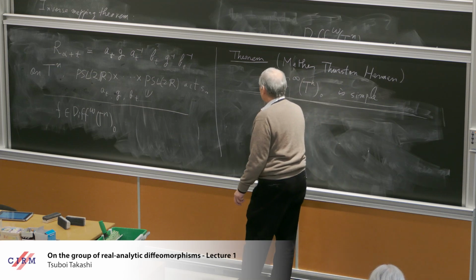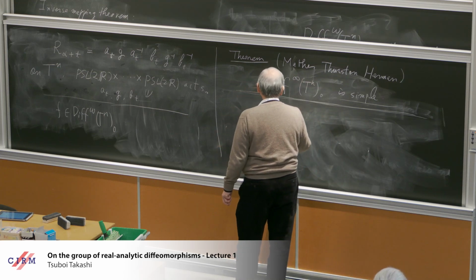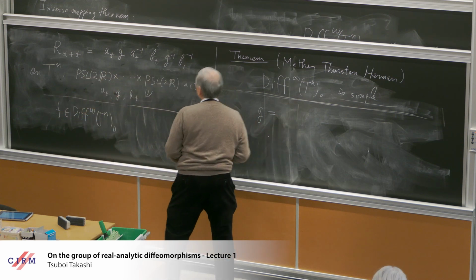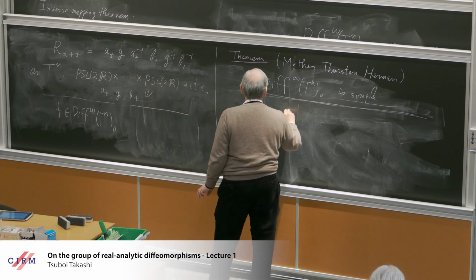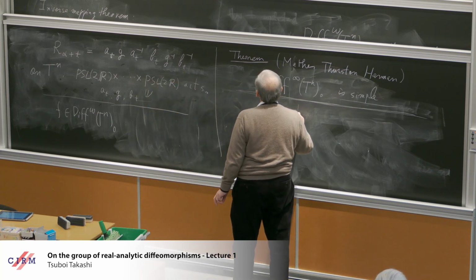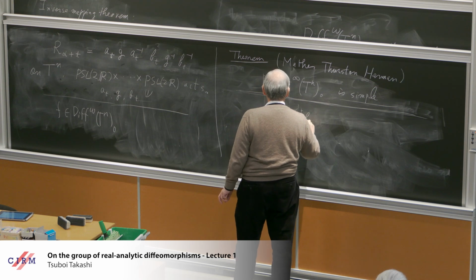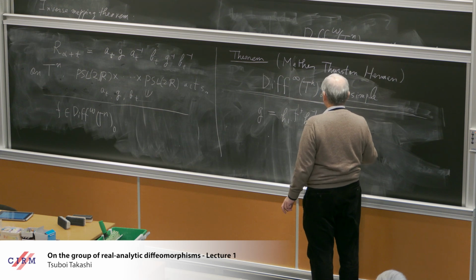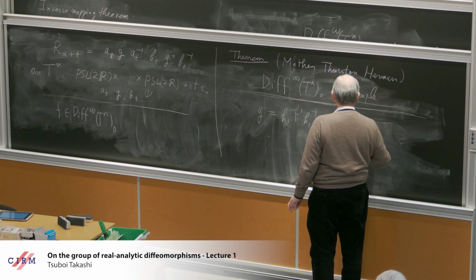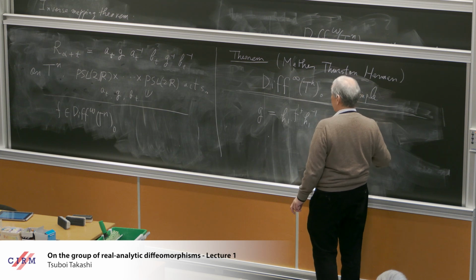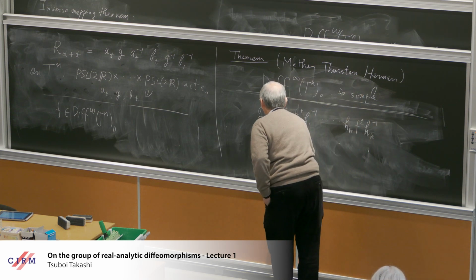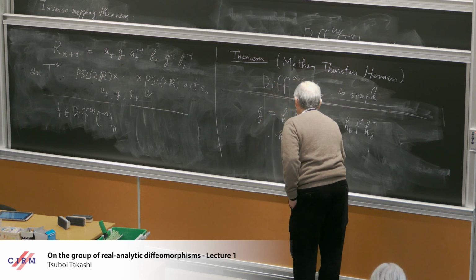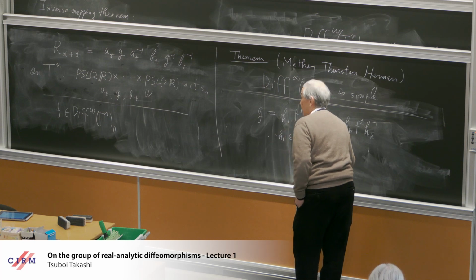So G can be written, maybe better to write, in the same way as that: H1 F plus minus H1 inverse, up to HK F plus minus HK inverse, where the HI's are in Diff infinity of T^n at 0.